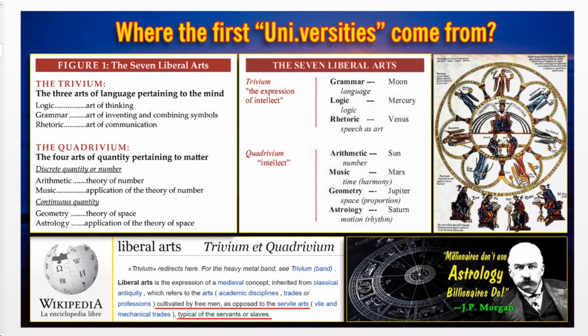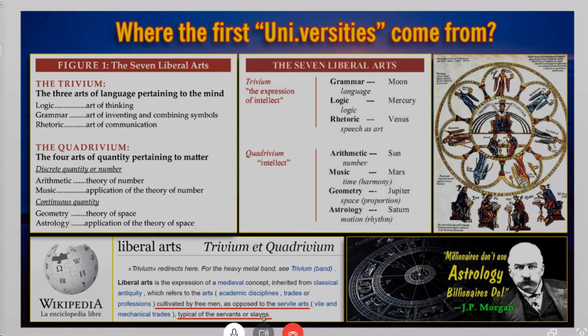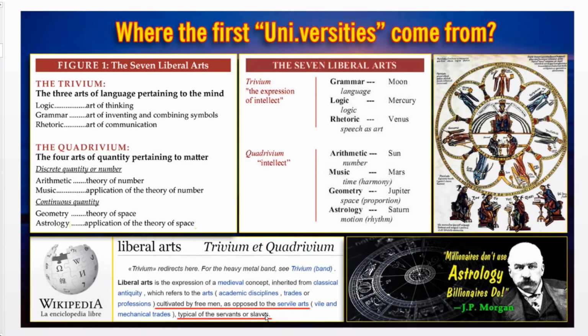Even in the universities, they don't receive this kind of educational system, which is the trivium and quadrivium, which they tell you to your face is cultivated by free men, as opposed to the servile arts, typical of the servant or slave. So we receive systems based on slavery, not on freedom. It doesn't matter which school you go to, it's the same thing.